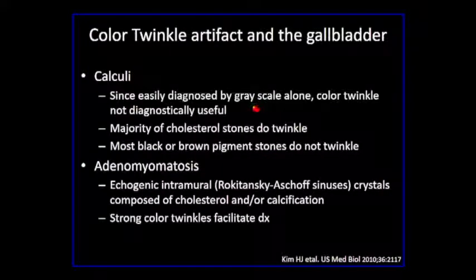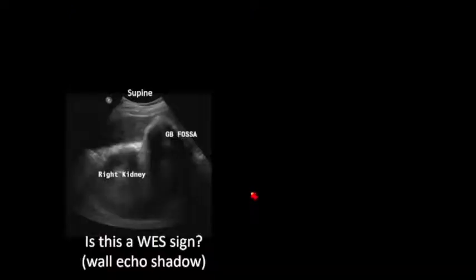So it turns out that though the majority of cholesterol stones probably twinkle, pigment stones generally do not. And if you put all that together, it's not all that helpful, since we do very well in grayscale. What really twinkles is adenomyomatosis, and that's not going to cause anybody an obstructed gallbladder.